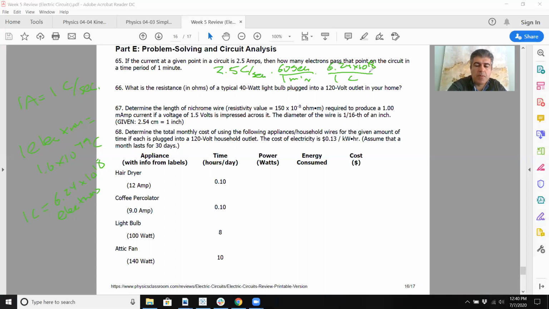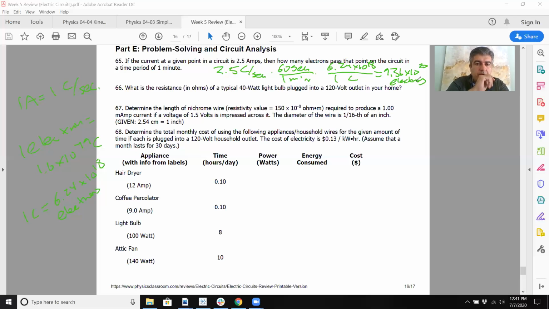So coulomb is representative of charge, and then you would just multiply that out. A lot of electrons are passing in 1 minute. In fact, if you're curious, 6.24E18 times 60 times 2.5 winds up becoming 9.36 times 10 to the 20th electrons. So a lot of electrons passing through in that short period of time.